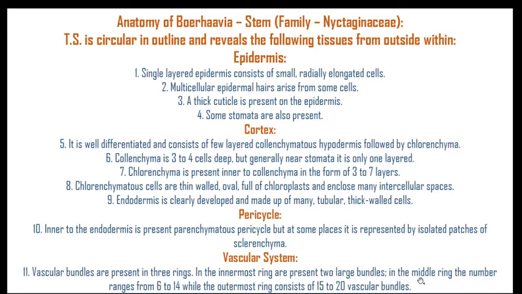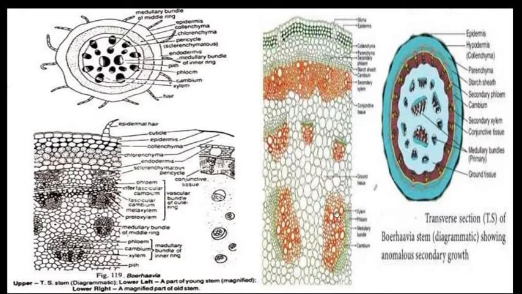In the middle ring, 6 to 14 vascular bundles are present, while the outermost ring consists of 15 to 20 vascular bundles, as shown in this figure. Here are the 2 larger vascular bundles, which are randomly placed.